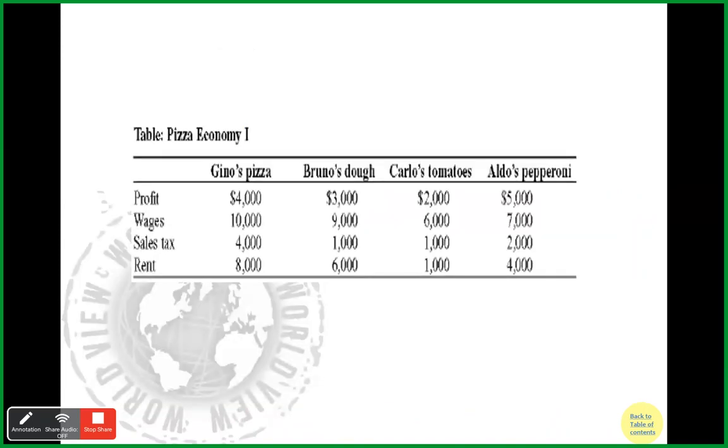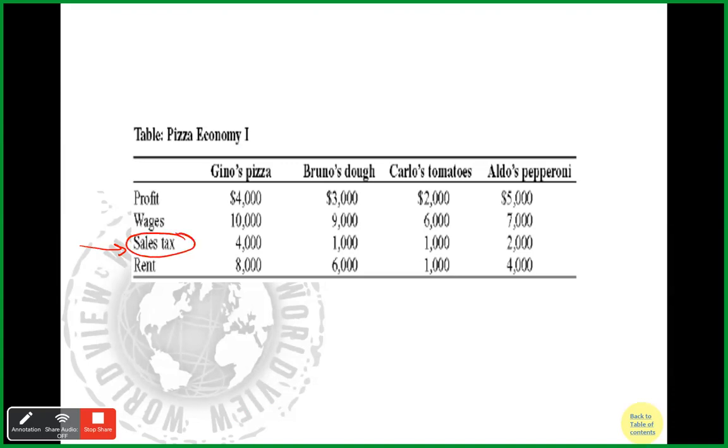Now we look at another example. There are four firms. The main reason I show you this example is that usually students mess up with sales tax.